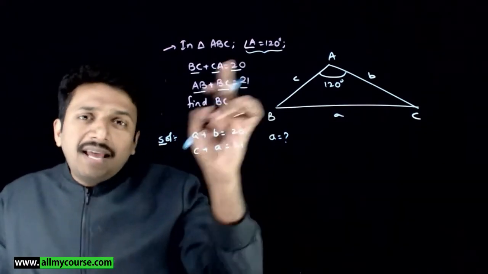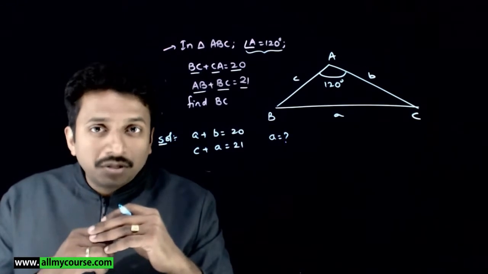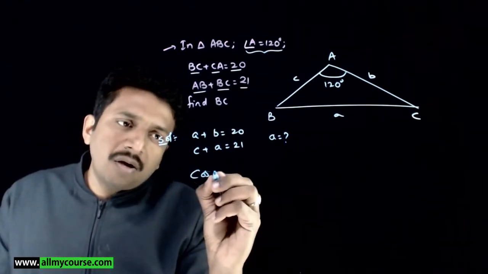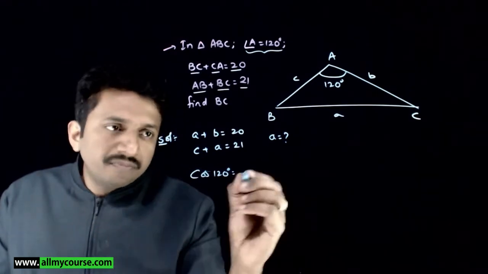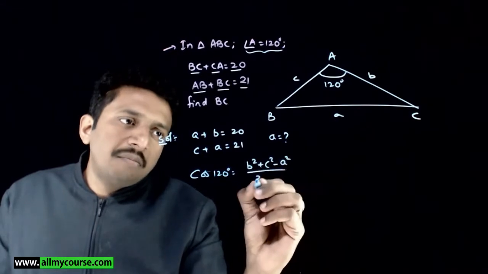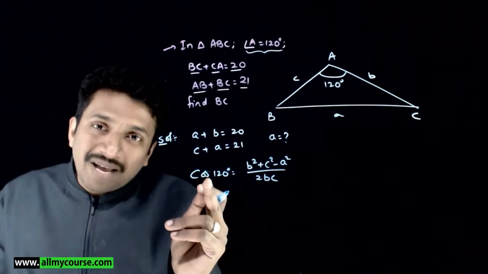Now, angle A is equal to 120. Let me use this information with respect to cosine rule. So cos A, which is cos of 120 degrees, is equal to (b square plus c square minus a square) by 2bc. And cos 120 is minus 1 by 2.